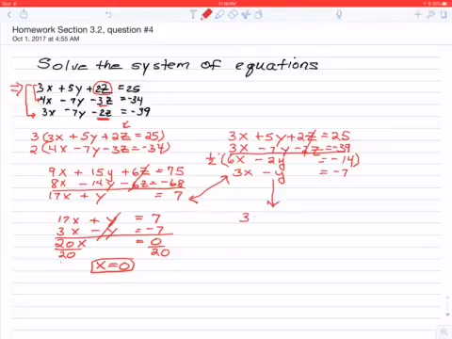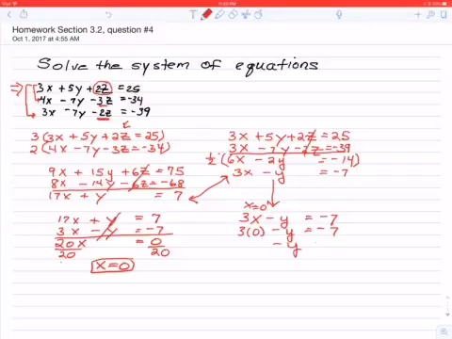I have 3x minus y equals negative 7, and instead of x, I'll substitute x is 0. So I have 3 times 0 minus y equals negative 7. So negative y equals negative 7. Divide by negative 1. I get y equals 7.